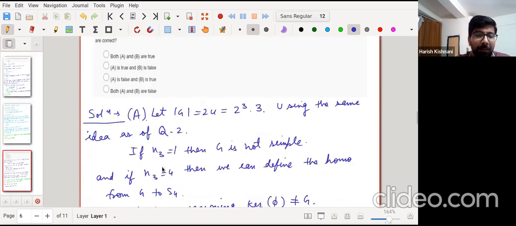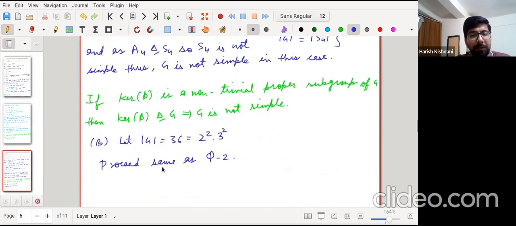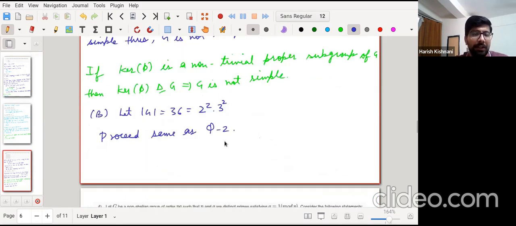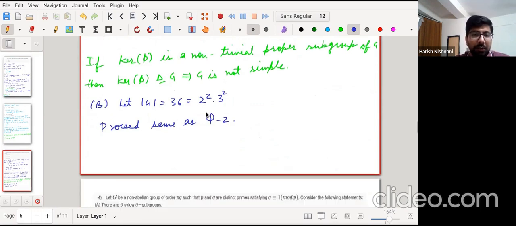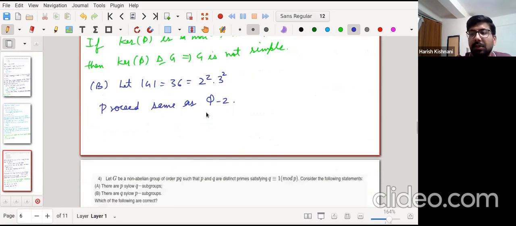If it had been just 2, it would have created a difference and been a much simpler case. But if it's 2 squared instead of 2 cubed, nothing changes. So in both cases, we won't get a simple group. I hope it's clear.